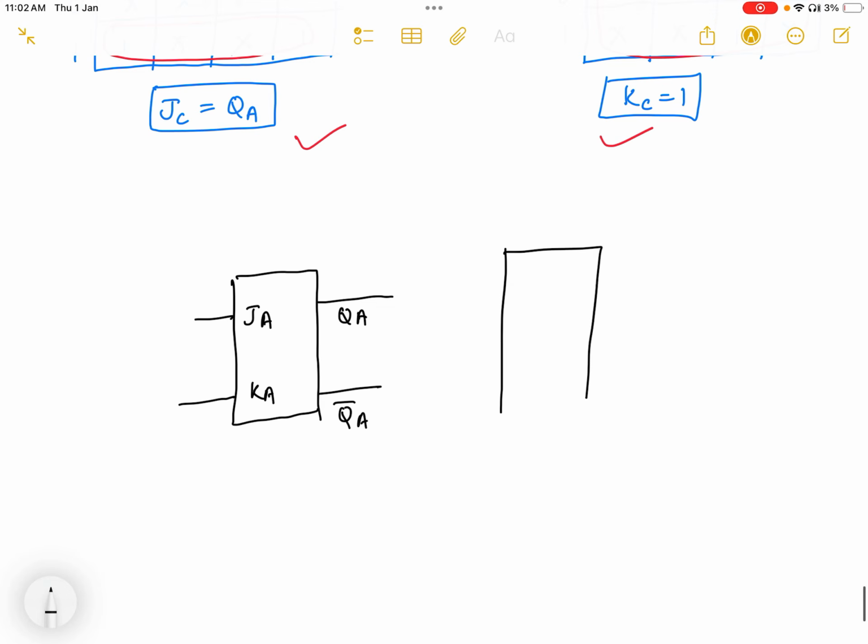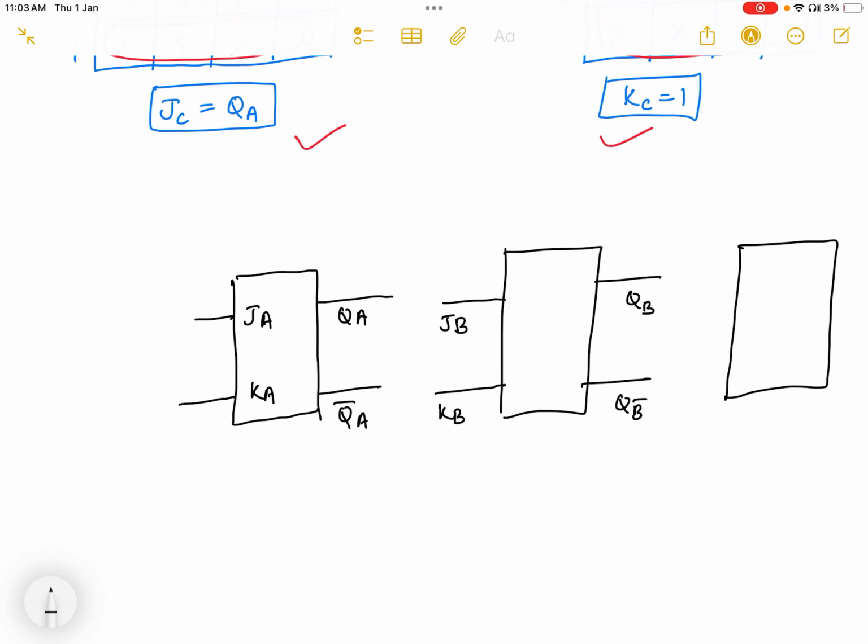Next, JB and KB with outputs QB and QB bar. Next, JC and KC, with outputs QC and QC bar.